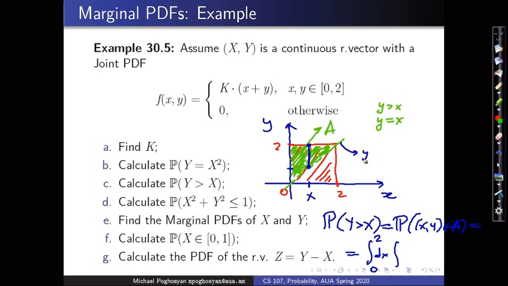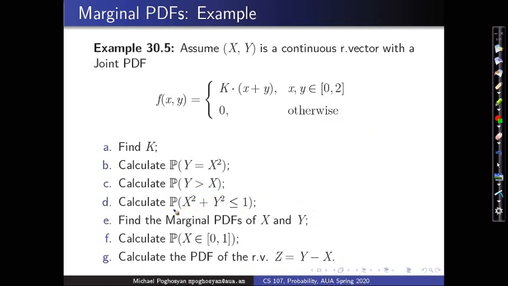I know the equation y is equal to x, so y is running from x to 2. Here I need to write our f. f is k times x plus y dy. So this is the probability that y is larger than x.